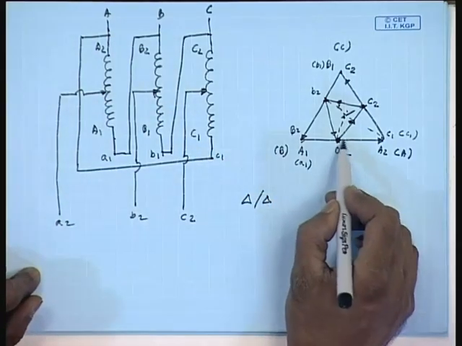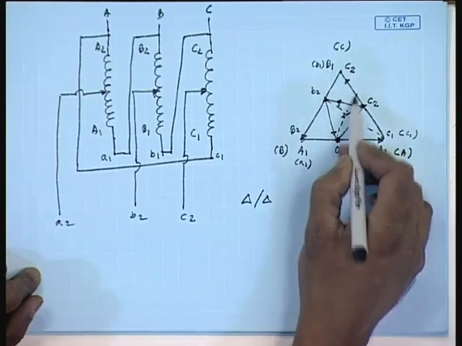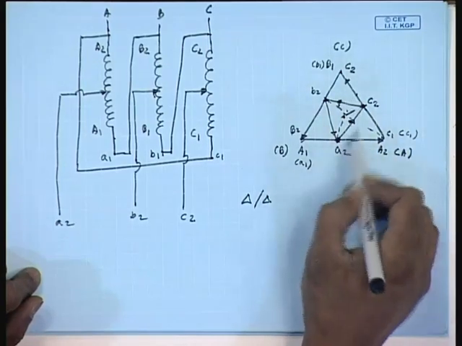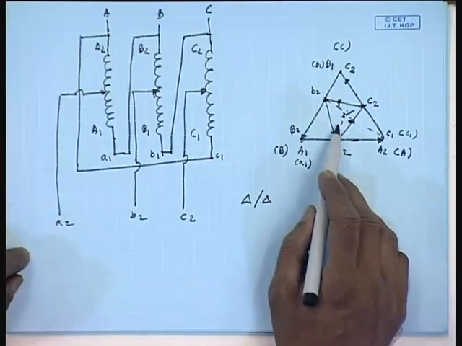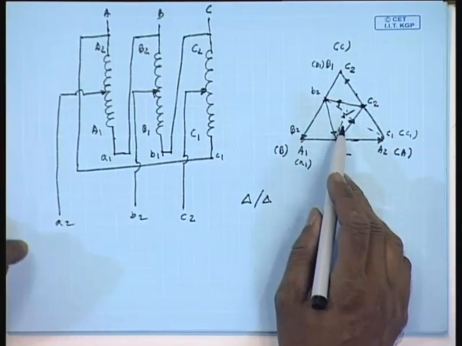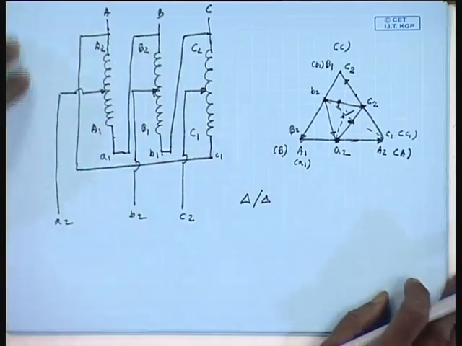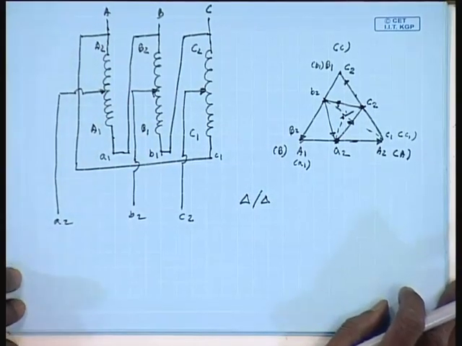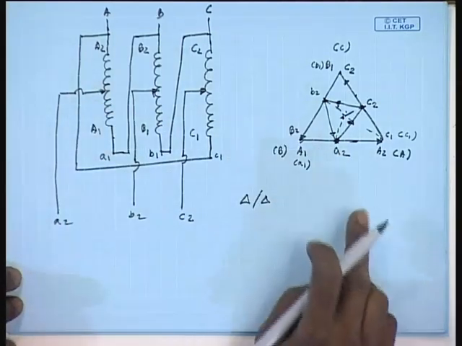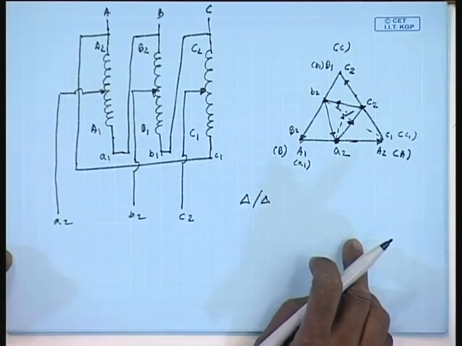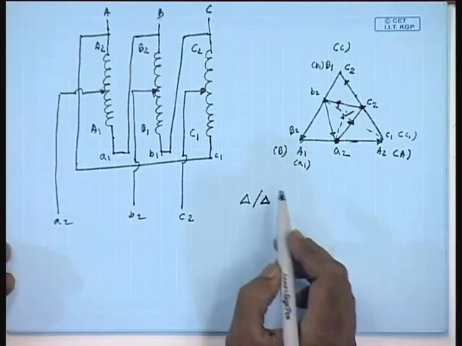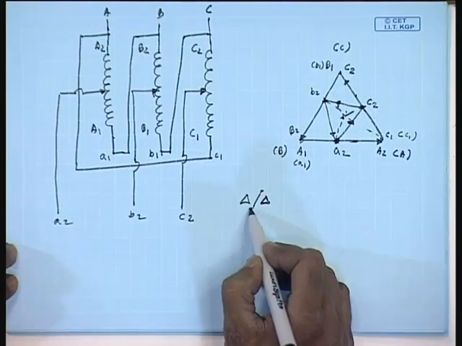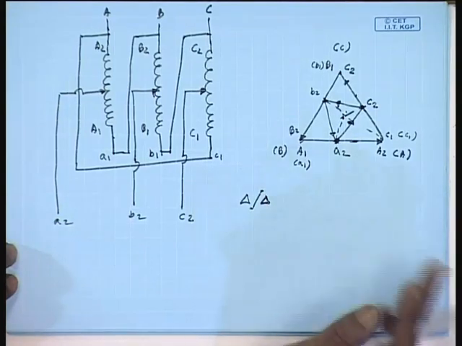Therefore, if we change this tapping, this inner triangle will rotate. Hence, the angle between the line to neutral voltage phasors of the LV side and the HV side will depend on the voltage ratio. So, this is one characteristic of delta-delta connected 3-phase autotransformer.